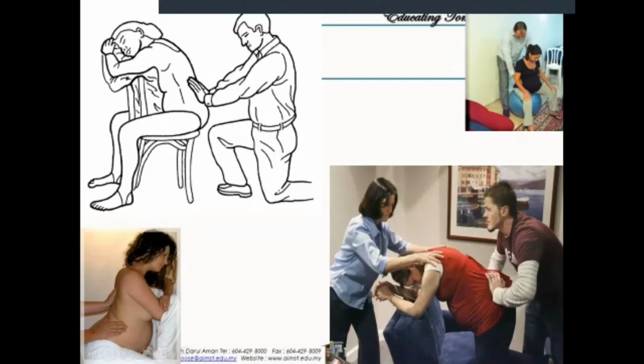So in the second stage, these are the positions they have to do, and in these positions they have to do one kind of breathing exercise that will help them to push. Okay, one kind of breathing exercise that will help them to push down the baby.